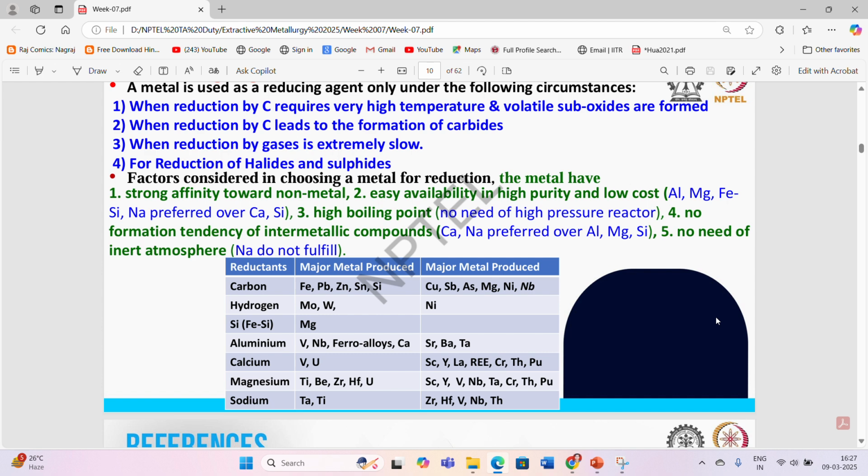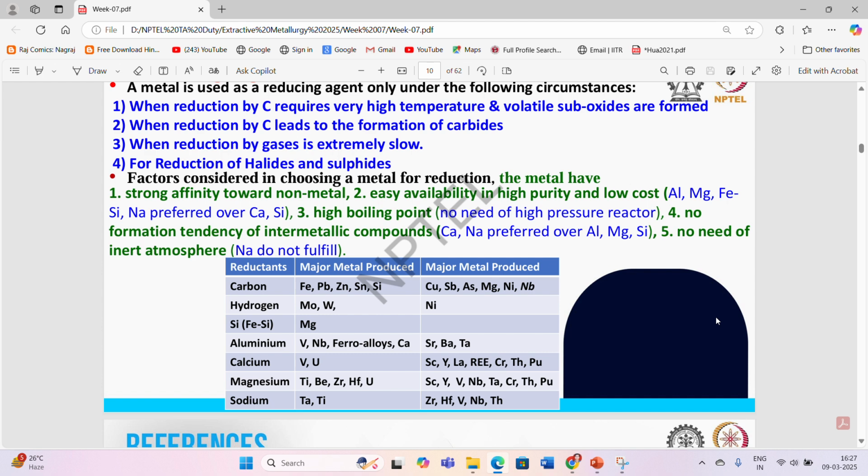Then it should have a high boiling point, with no need of high pressure. So we are not going to need any high pressure reactor. Then there should be no formation tendency of intermetallic compounds, so calcium and Na are preferred over aluminium, magnesium, silicon, because aluminium, magnesium, silicon can create intermetallic compounds in the case of manganese reduction and the alumina reduction process.